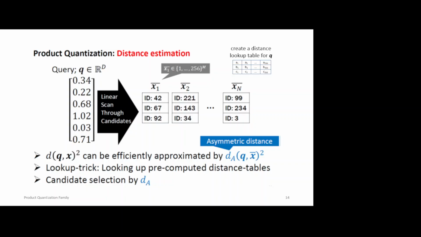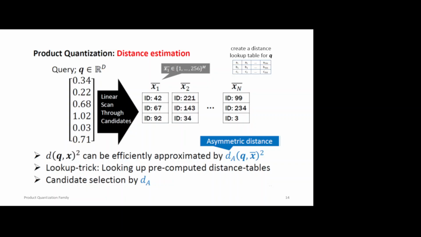The lookup trick is that we can create a distance lookup table for the given query. How to do it? The idea is this. First we create a table, a matrix. Here each column has 256 centroids, and we have 3 segments.